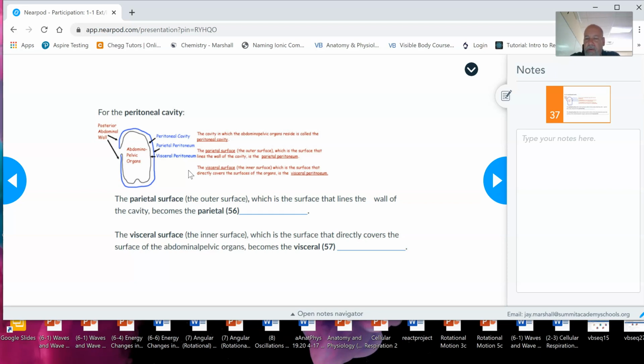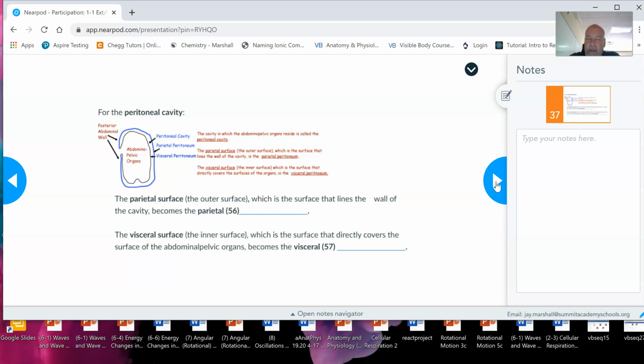We call this the parietal and visceral peritoneum. And again, we can accumulate fluid in here if there's inflammation, or if bacteria gain access to this, we can actually get pus building up in there.